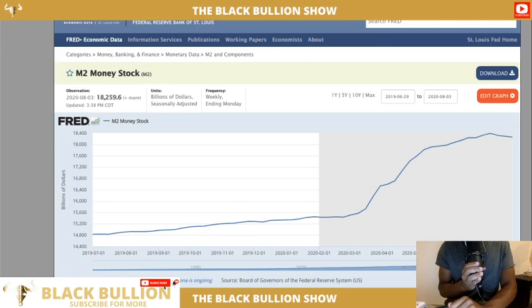Now, this thing began to skyrocket in March, as you can see here, obviously due to the Ronies. But the graph can be deceptive and make you think that Q2's continued growth in M2 far surpassed Q1's. But though it did surpass it, it didn't surpass it by much.